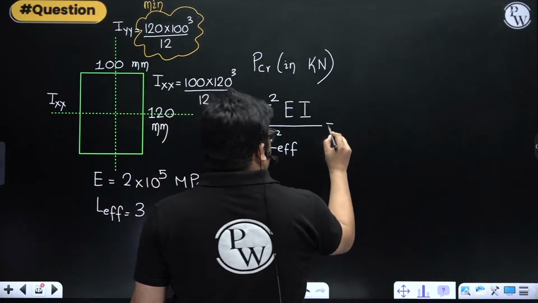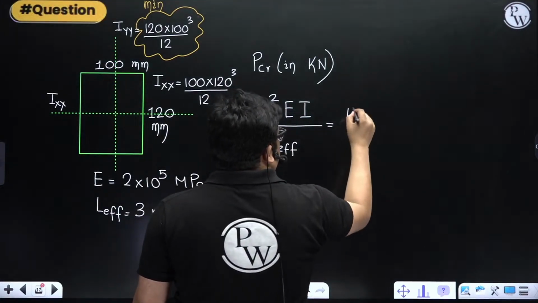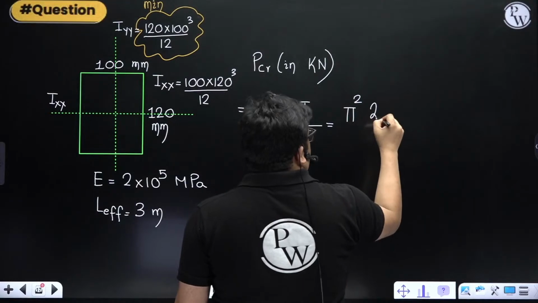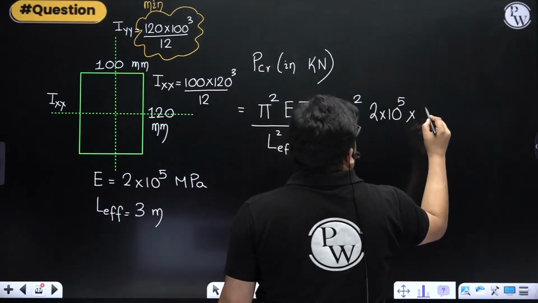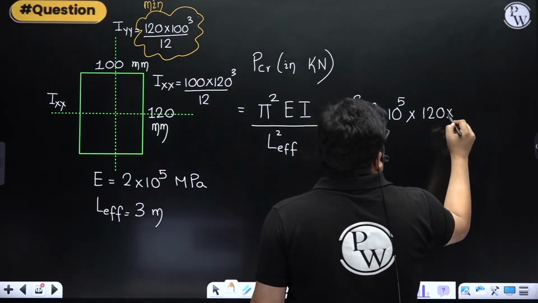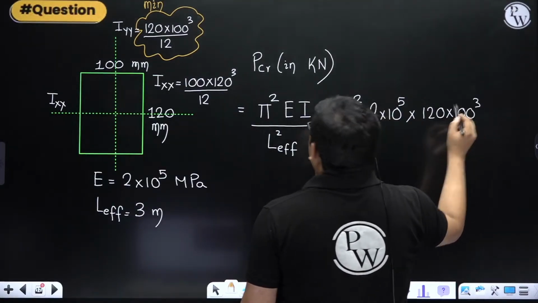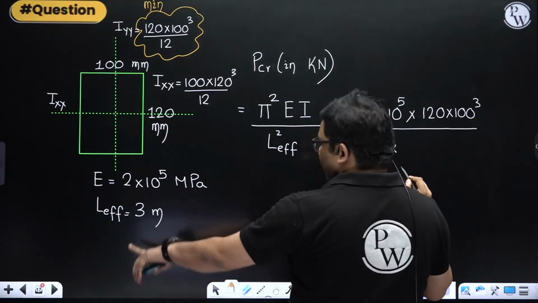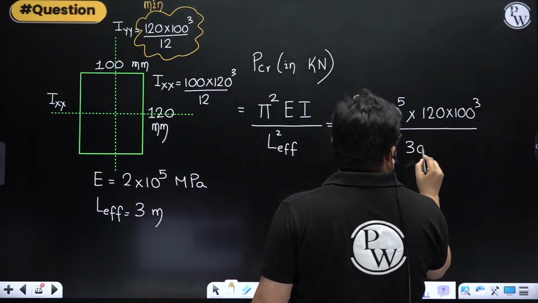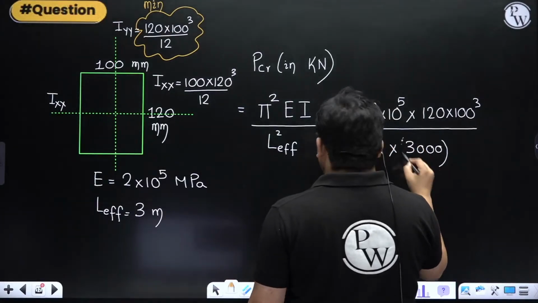Now I'll put everything in Newton mm. So it is pi square, 2 into 10 to the power 5, then I, which is 120 into 100 cube by 12, and then L effective square. L effective is 3 meters, so I'll put 3000 mm square.